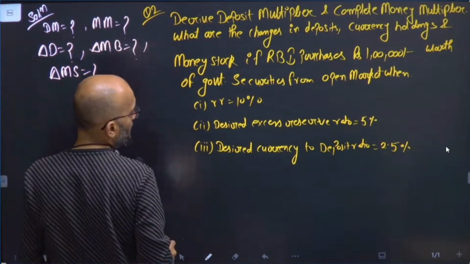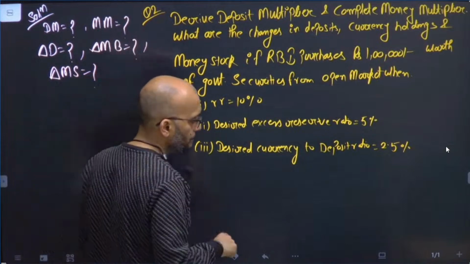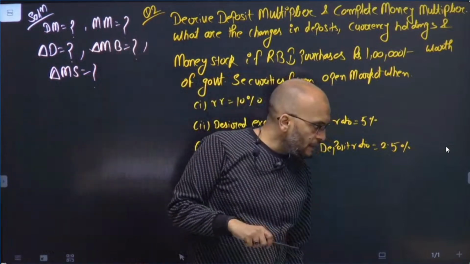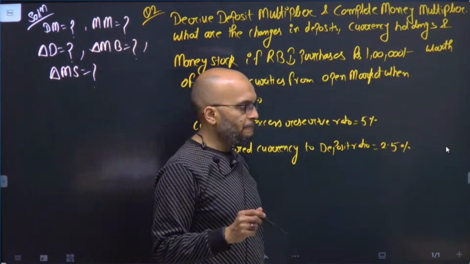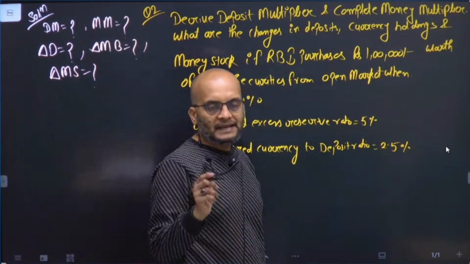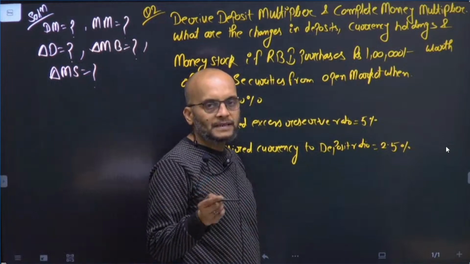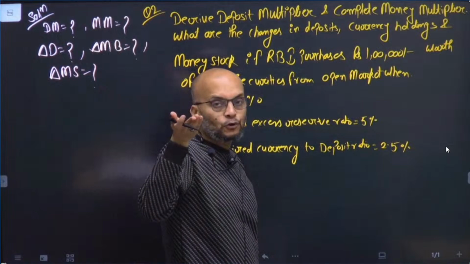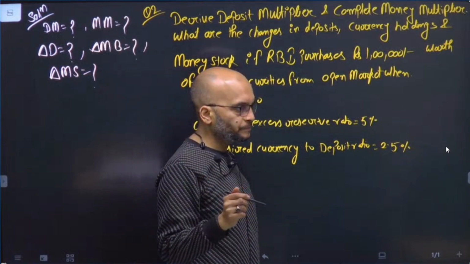They are saying RBI is purchasing. If RBI is purchasing, then money is going to go to the government, and that means money will be there in the economy. Money in the economy means delta MB is going to increase. It will be positive. Yes or no?